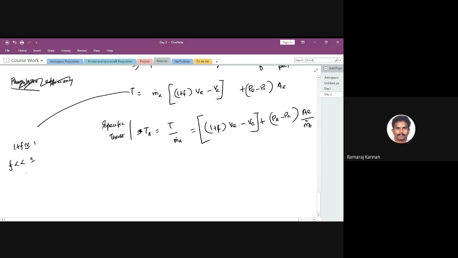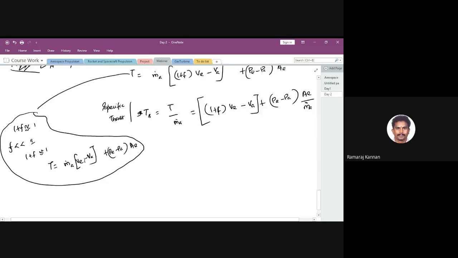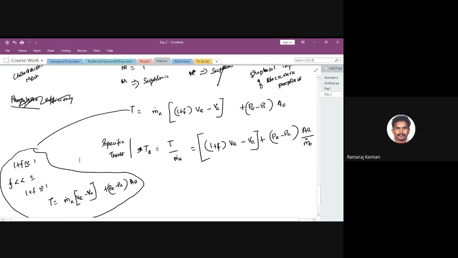So the thrust relation changes to m dot A into (VE minus VA) plus (PE minus PA) into AE. This is for an idealized condition, a very simple condition. They will be asking about the specific thrust relation.